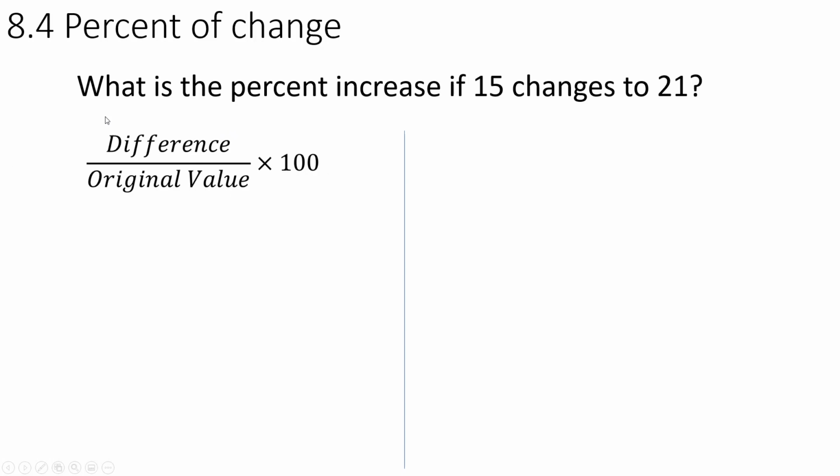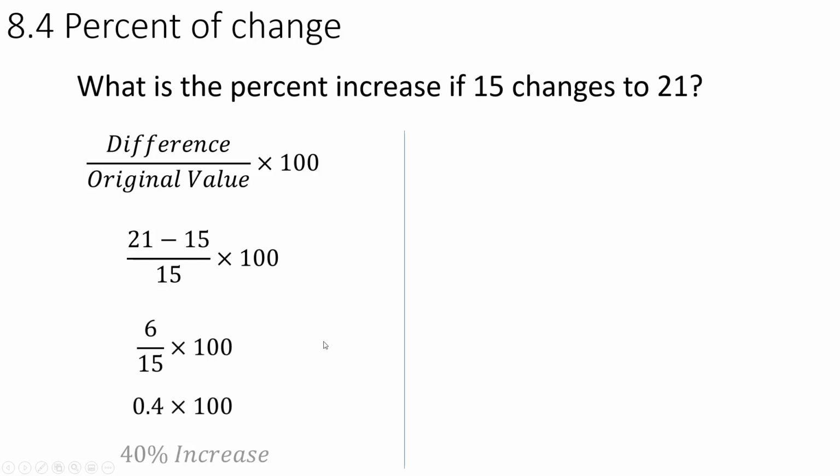I'm going to show you one way to do it and then another way to do it. You do your difference, 21 minus 15 over the original. It said 15 changed to 21, so its original value was 15. So then you get 6 over 15, and you can work it out like that. Or you could use a proportion.